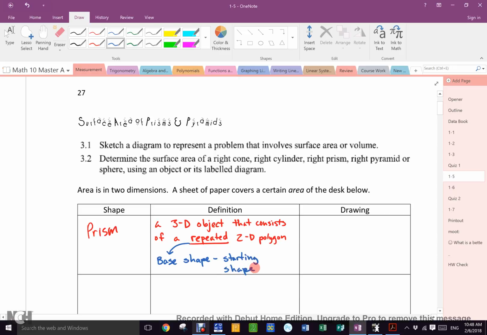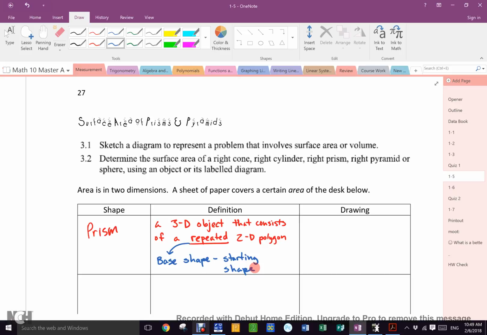I just talked about a fancy Swiss chocolate bar. Do you all know the Toblerone chocolate bar? Yes. The row of triangles of chocolate, right? It's a triangular prism because it starts as a triangle and that triangle repeats. Does everyone agree?